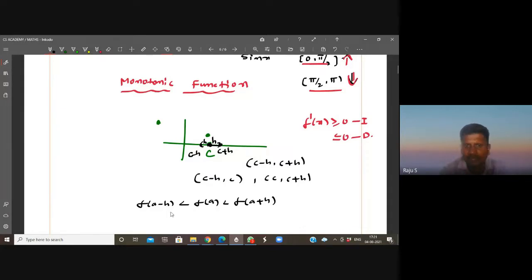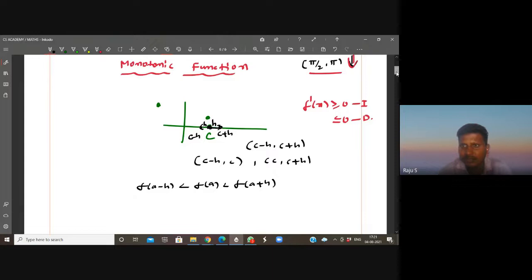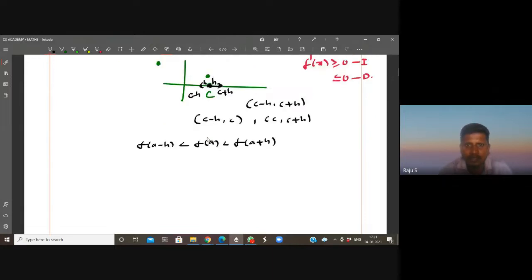We can say that the function is increasing at that point. If instead of lesser than, greater than is there, the value is decreasing from C minus h to C and C to C plus h, and the function is called decreasing at that particular point.